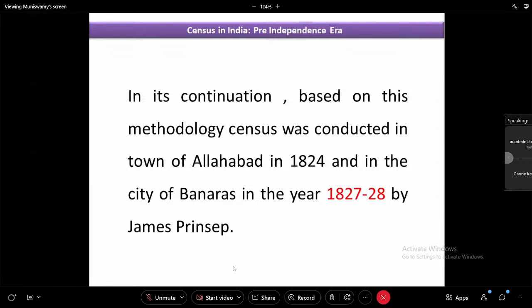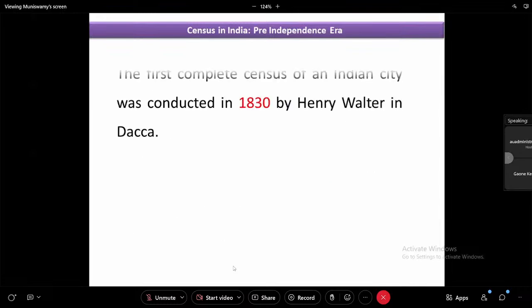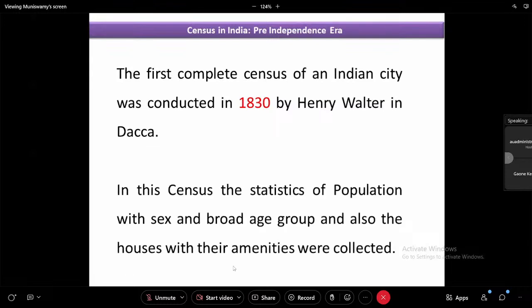So the survey was conducted in that year. After that, the first complete census of an Indian city was conducted in 1830 by Henry Walker in Dhaka. In this census, statistics of population, sex, and age groups were collected, and houses with their amenities were also collected.